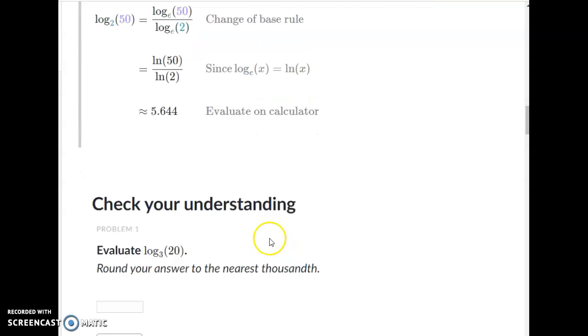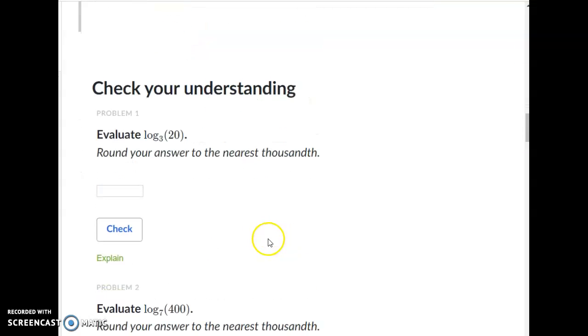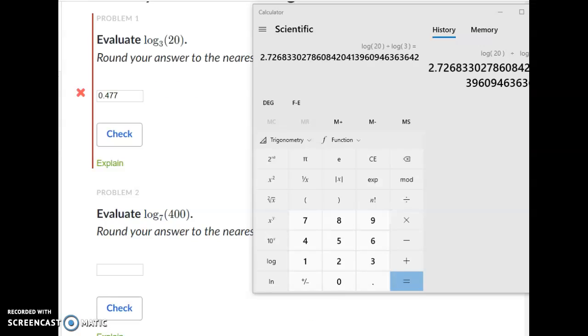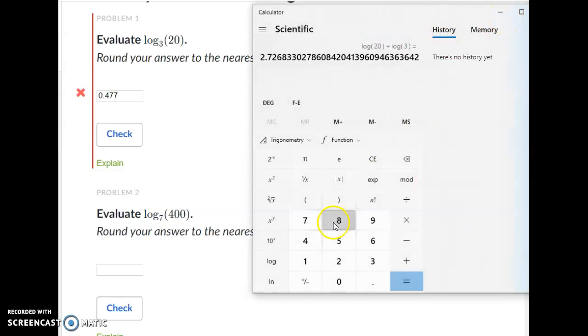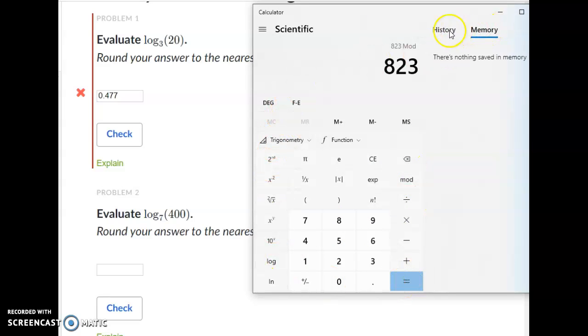So we're going to just check our understanding real quick. To evaluate the log base 3 of 20, I'm going to take out a calculator. So we're going to do the log of 20.